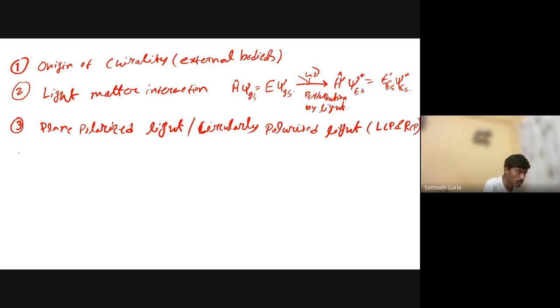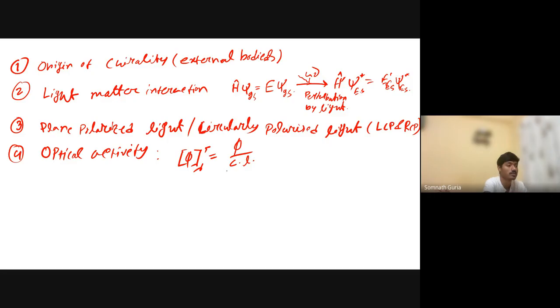We discussed the optical activity, which is phi lambda t equals phi divided by c into L, where c is the concentration and L is the path length.